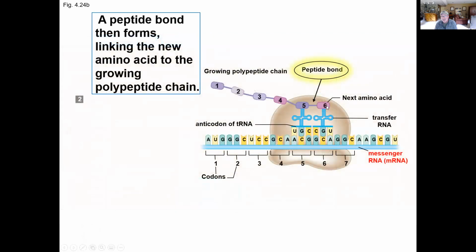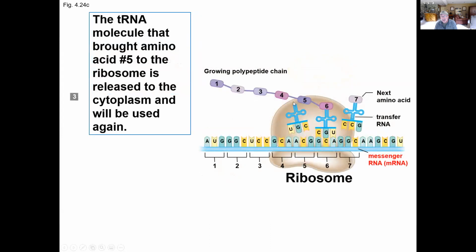Number 6 is alanine. Now you may have also noticed that we have formed a bond here between alanine and the preceding amino acid called a peptide bond. Gotta connect these two together. And then we've got to disconnect this transfer RNA and the one that it was carrying, number 5. Let's get that guy out of there. So we break that.